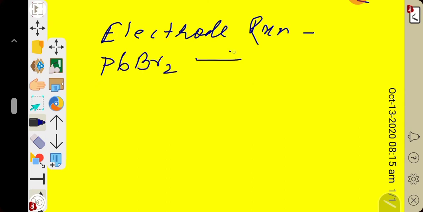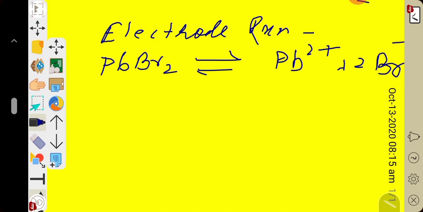PbBr2 will dissociate into Pb2+ and 2Br−. So now see what kind of ions are present in the electrolytic solution. Let us put the heading: ions present.